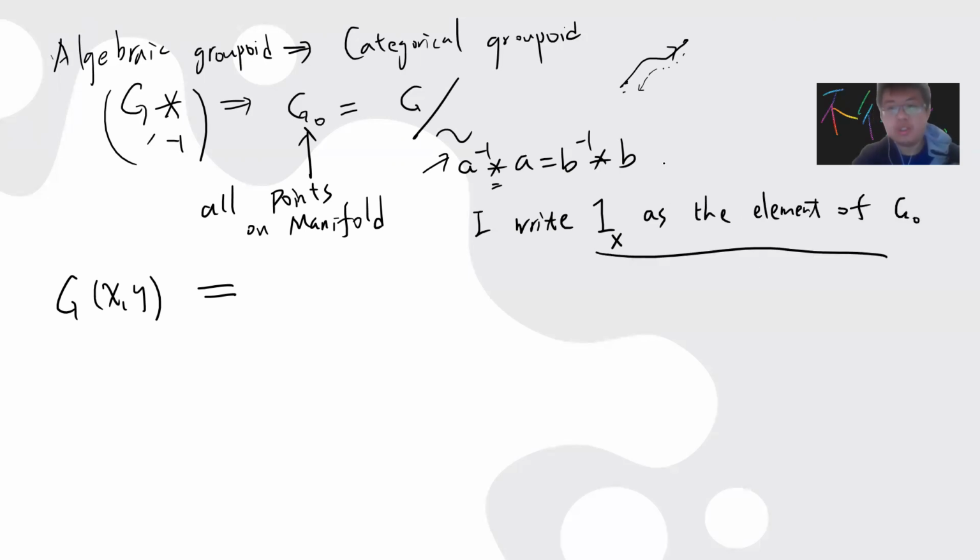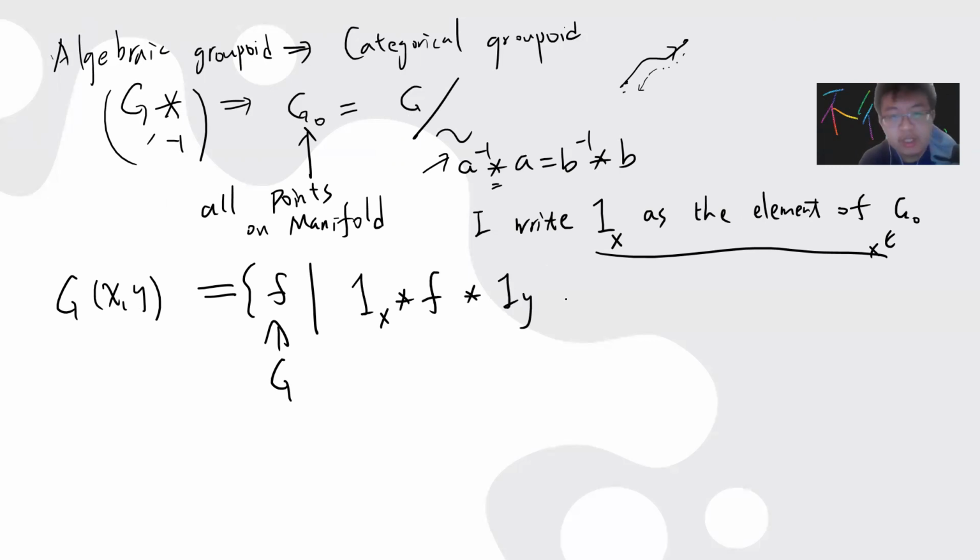Imagine that I just sit at X and don't do anything, and X belongs to G. So any equivalence class X belonging to G0, I write it as 1X. So G(X,Y) is defined to be any F belonging to G such that 1X star F star 1Y is well defined.